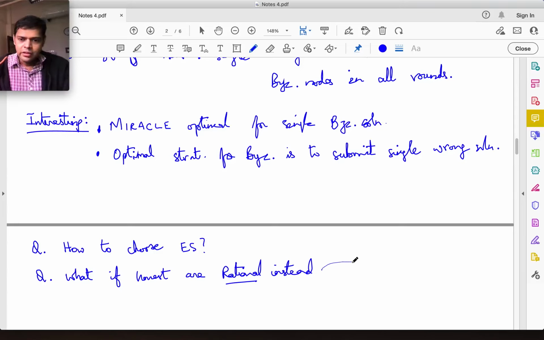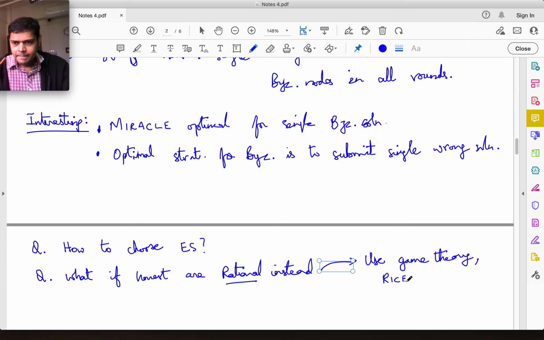So here what we are going to do is we are going to use game theory, and also we're going to use things like Nash equilibria and so on, right? And we are going to come up with a new algorithm called the Rice algorithm, which is going to help us. And here we are going to leverage some ideas from Algorand.